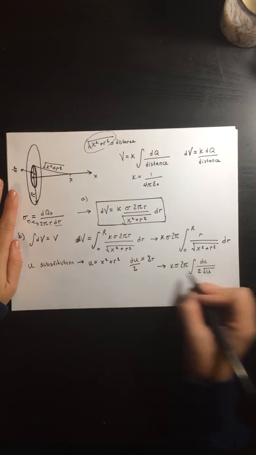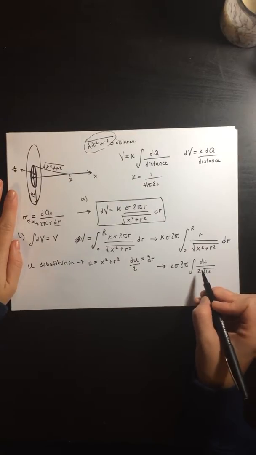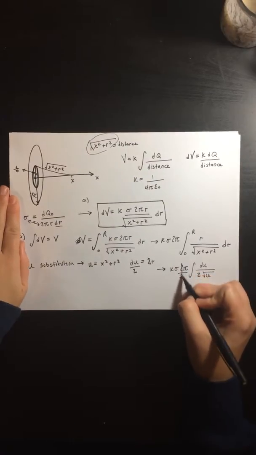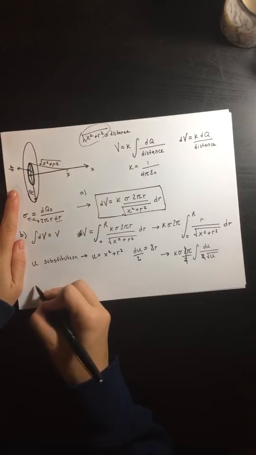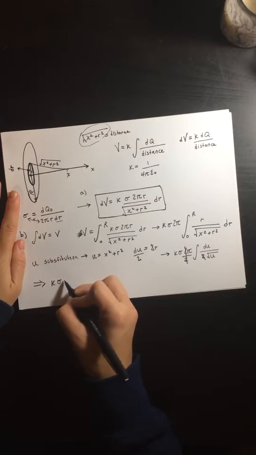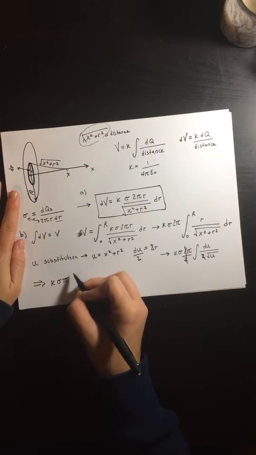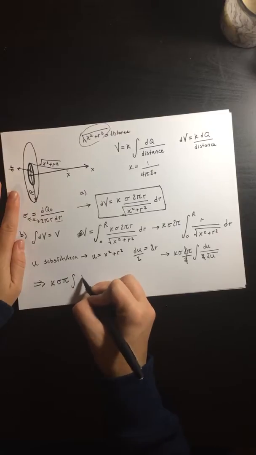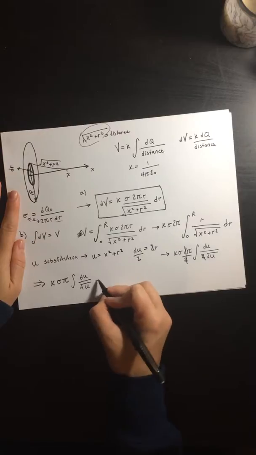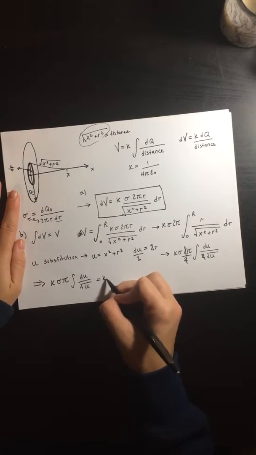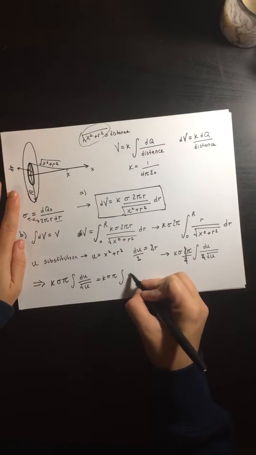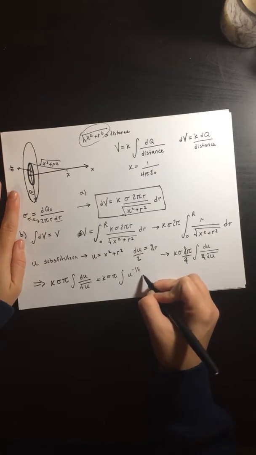And now we're going to pull out the constants, right? So pull out the 2, which crosses these 2's out. So we have k, charge density, pi, integral of du over the square root of u, which is really equal to k charge density pi, and then u to the negative a half du.